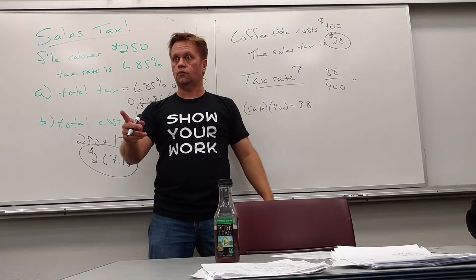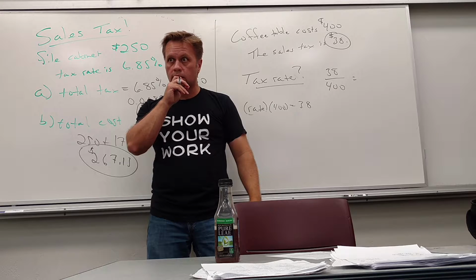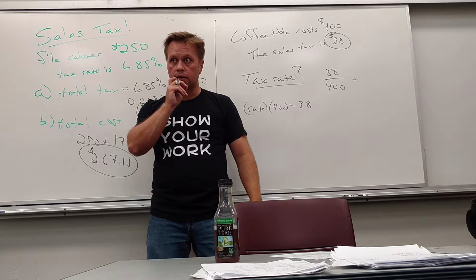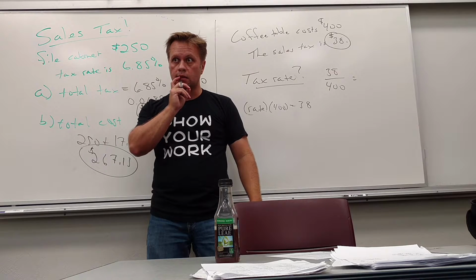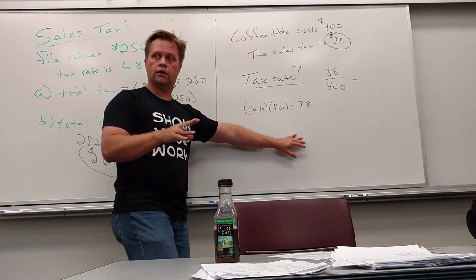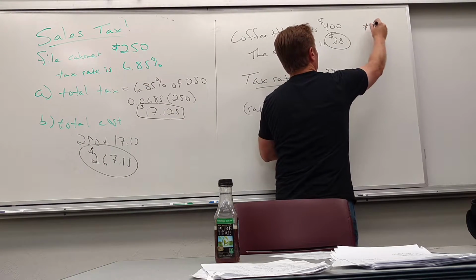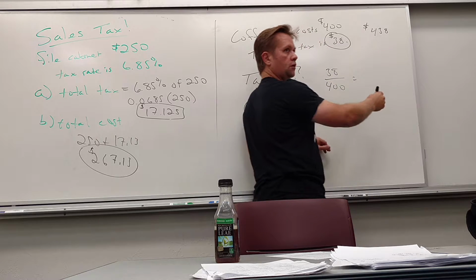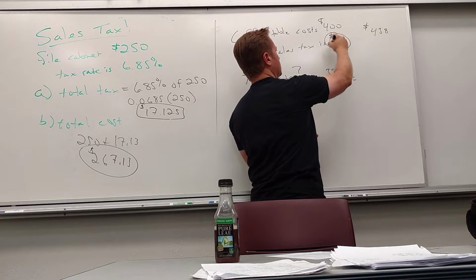Okay, Jeff. Yes, sir. So what you are saying is 400 plus 38... But I don't have to add anything here. I mean, she would pay $438 to leave the store. So 38 is the change.